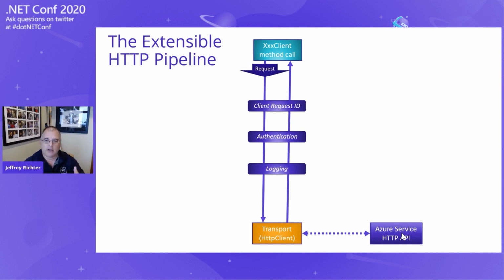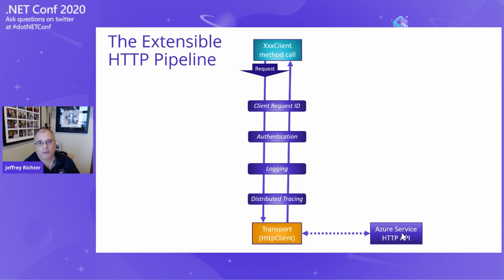So your logger can know every time any one of our clients is about to send an HTTP request over the wire. So you can track all of that. And then you can see what the request looks like with the headers, the query parameters, and everything else. Again, very important for diagnosability and debugging of problems.